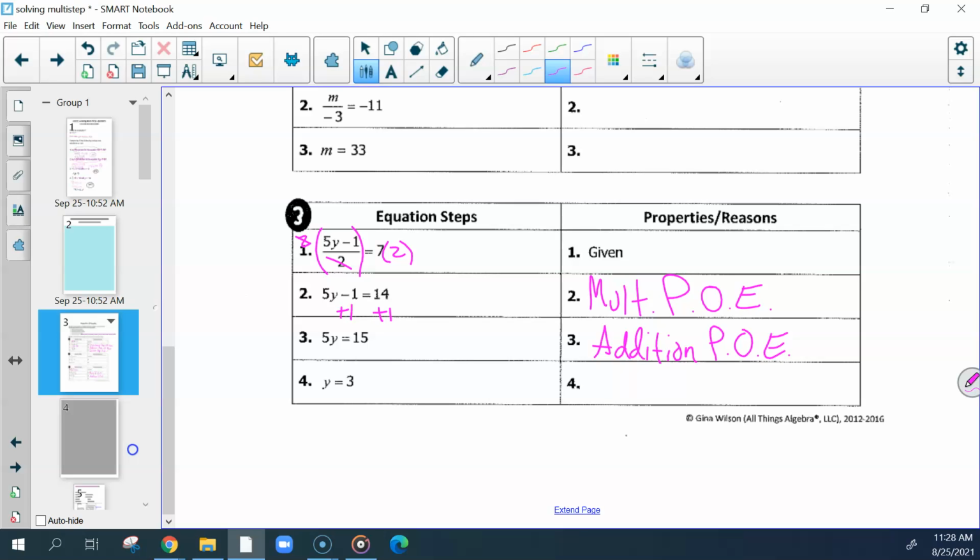Divided both sides by 5. Correct. Any questions on how we found those?